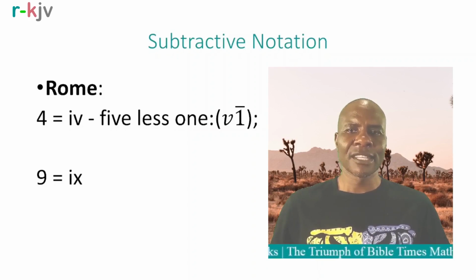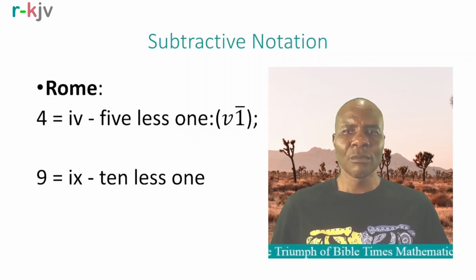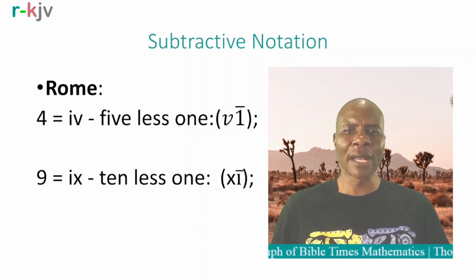This is interpreted as 10 less 1. In Vinculum notation, it is represented as X bar 1. From this, we can see that the knowledge of subtractive notation is recorded on Roman numerals.